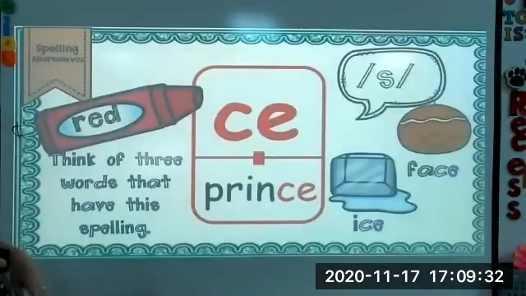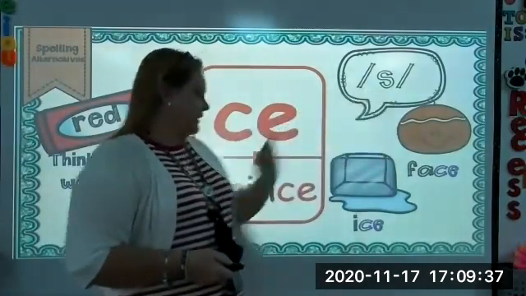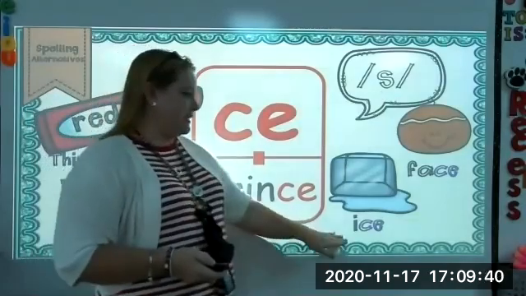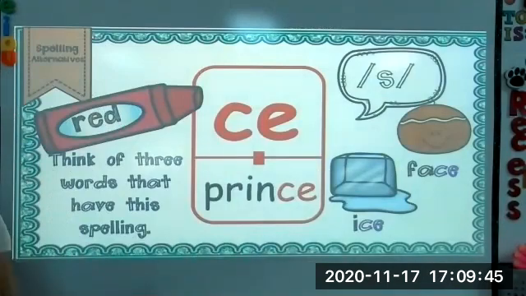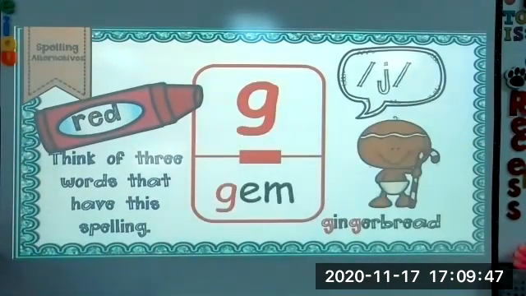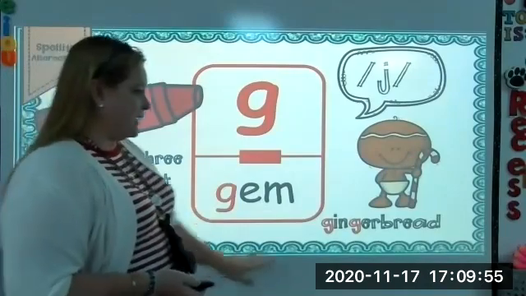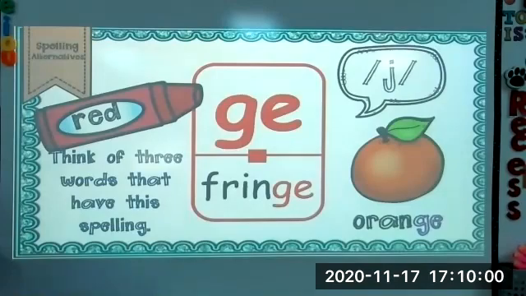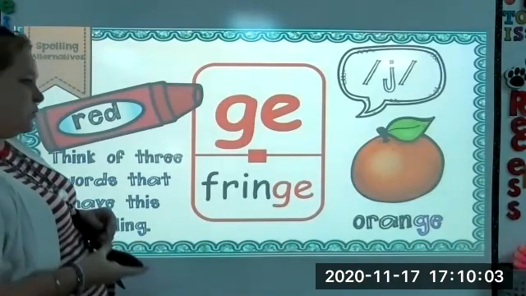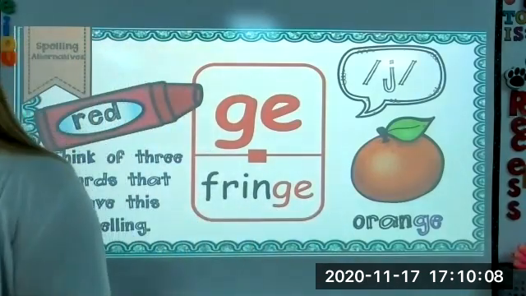We have talked about the CE spelling, like in prince and ice and faith. Those are two that we have learned already this year. We have talked about the J sound, like with the letter G in gym and gingerbread. And we have talked about GE making the J sound, like in fringe and orange.